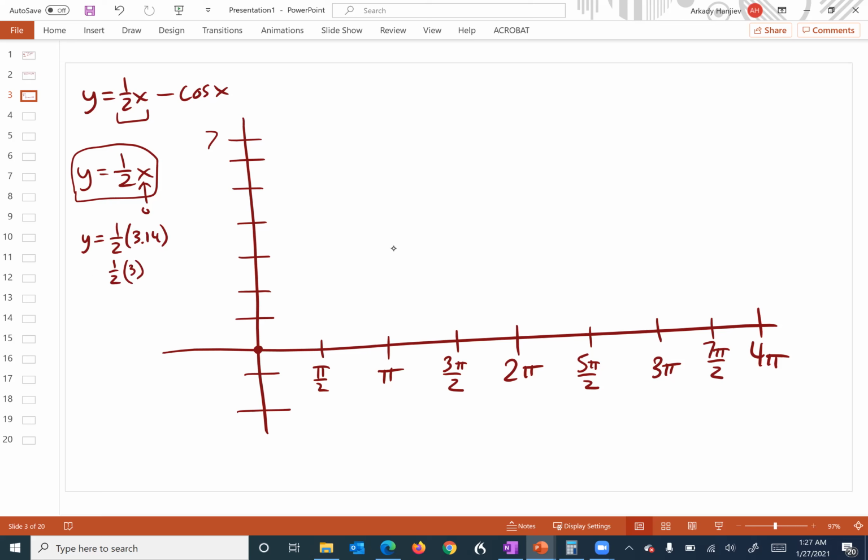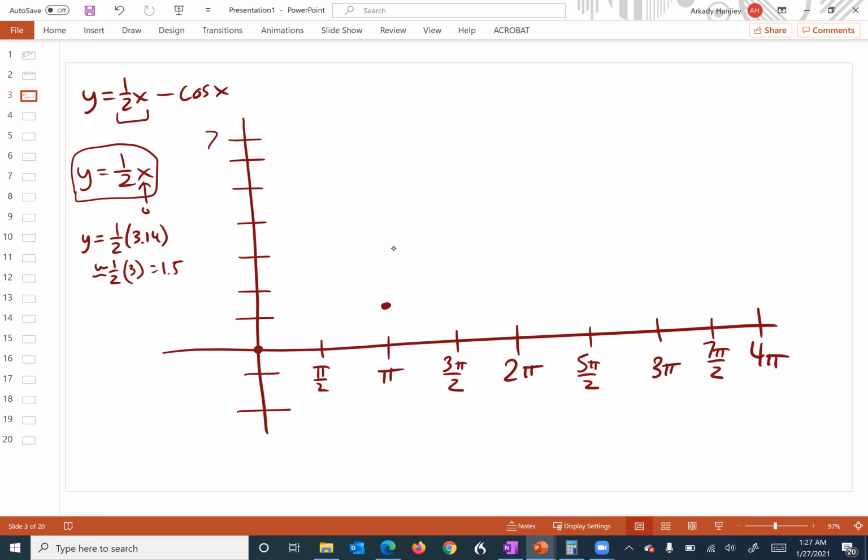I'm going to put these approximation bars like this. So about 1.5, right? So at pi, I should be about 1.5, should be that little dot right there.